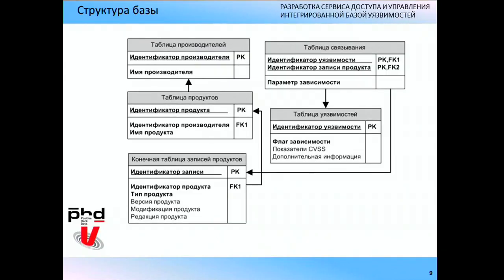The following structure was designed, which contains 5 tables: a table of connections between products and vulnerabilities, producers, products, and product records, which contains type of product, version, modification, and edition.